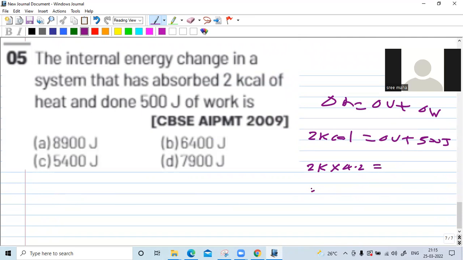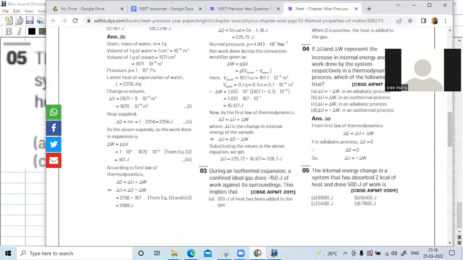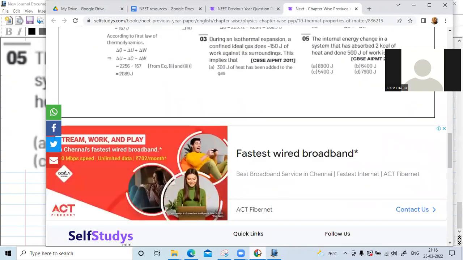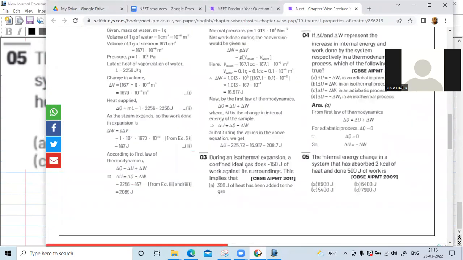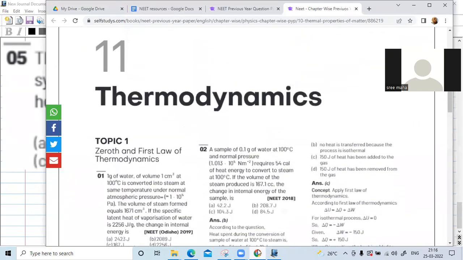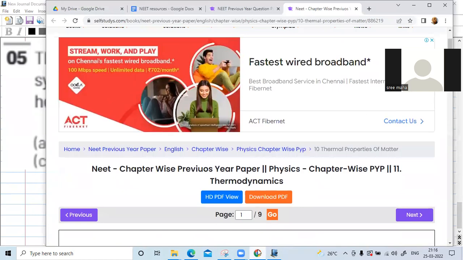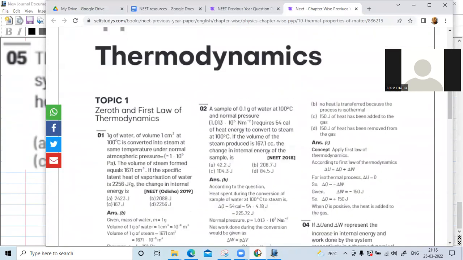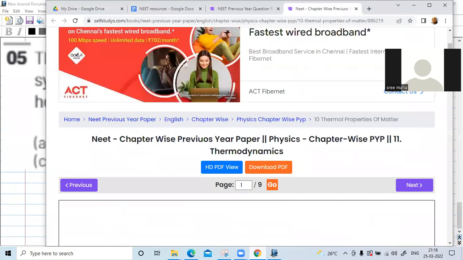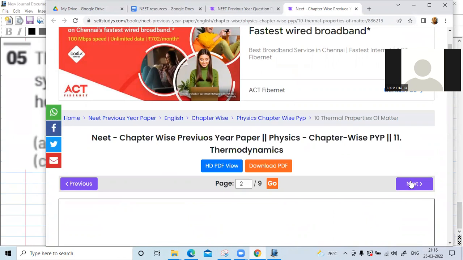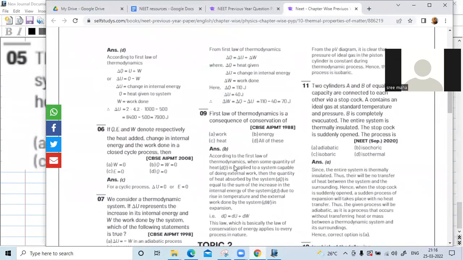So it's 8.4 thousand minus 500, 7,900. So D. Got it?